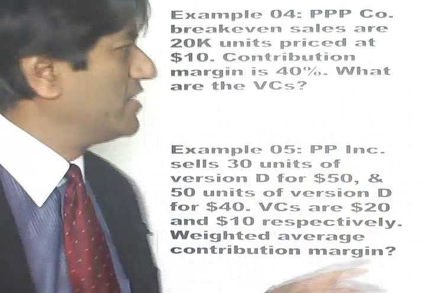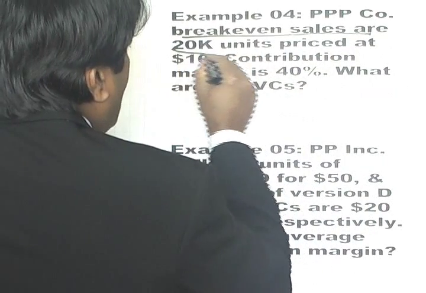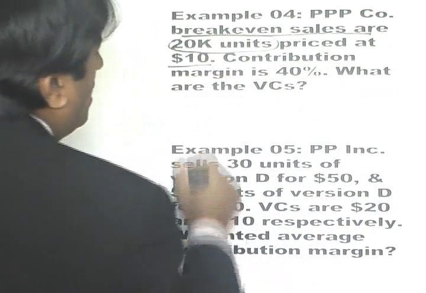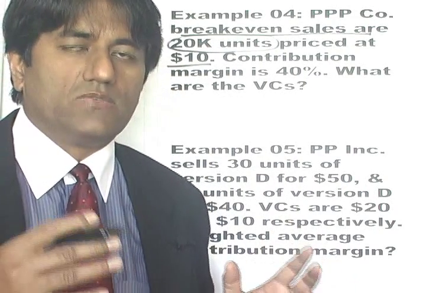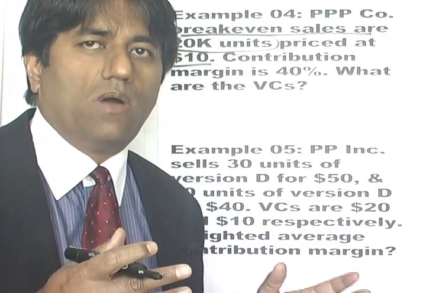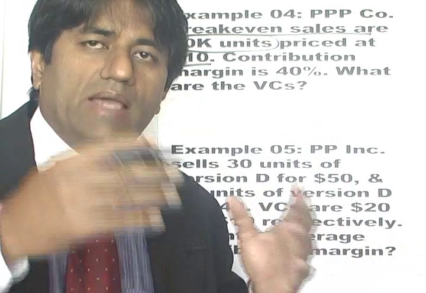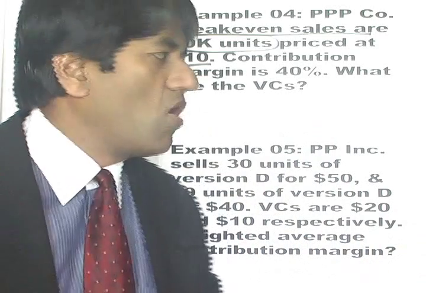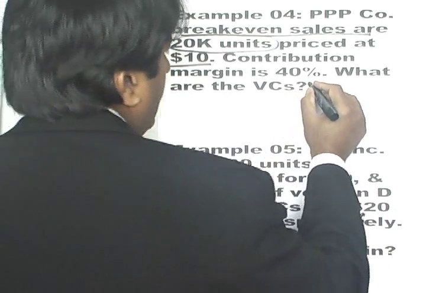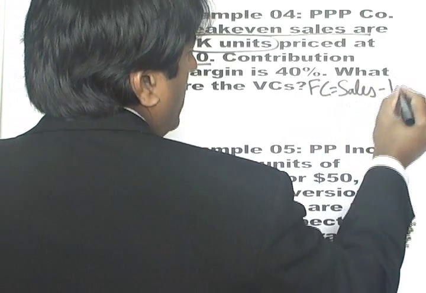Here we have a question with break-even sales given to be 20,000 units priced at $10 each. So what does break-even sales mean? Well, break-even sales is where profits are zero. And so if profits are zero, it means that sales minus variable costs minus fixed costs equal zero, or fixed costs equal sales minus variable costs.